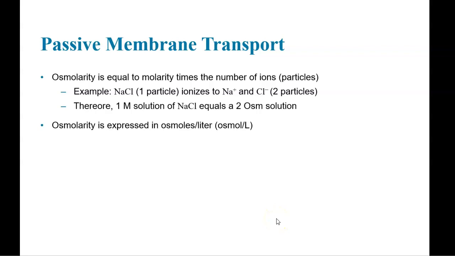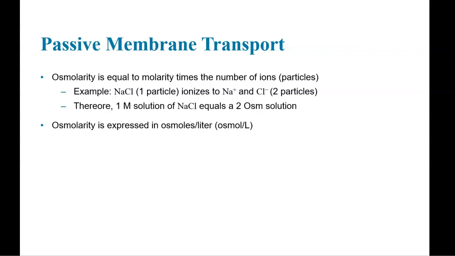Osmolarity is equal to molarity times the number of ions. So for example, sodium chloride, that's one particle, but that ionizes to sodium and chloride, which is two particles. So from your lab, if you remember, you were dividing the percentage of sodium chloride over the molar mass, which was 58.